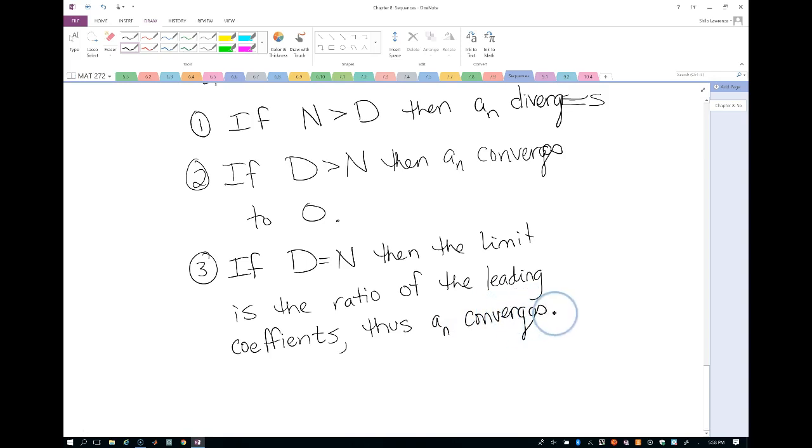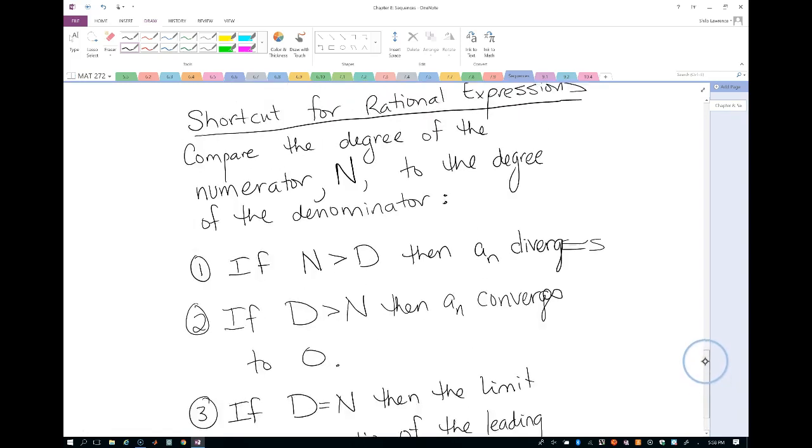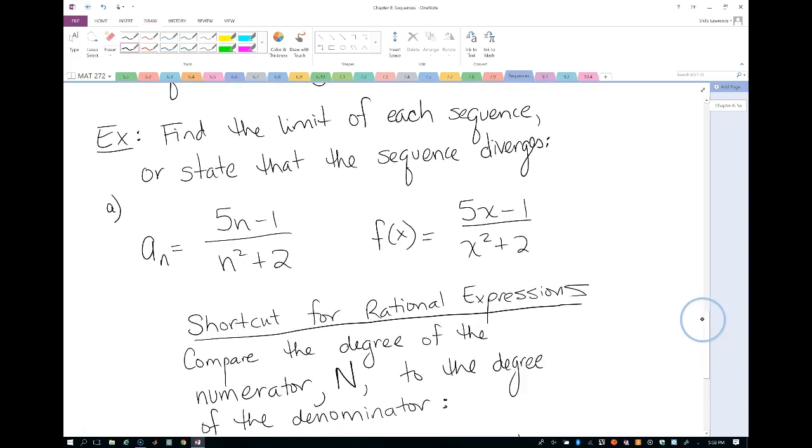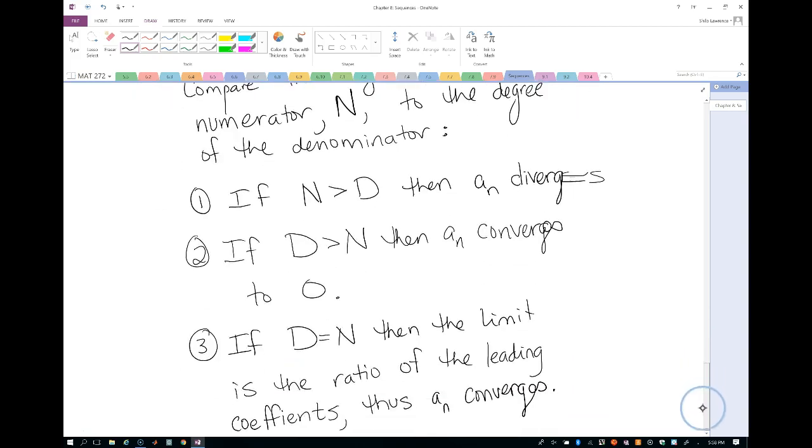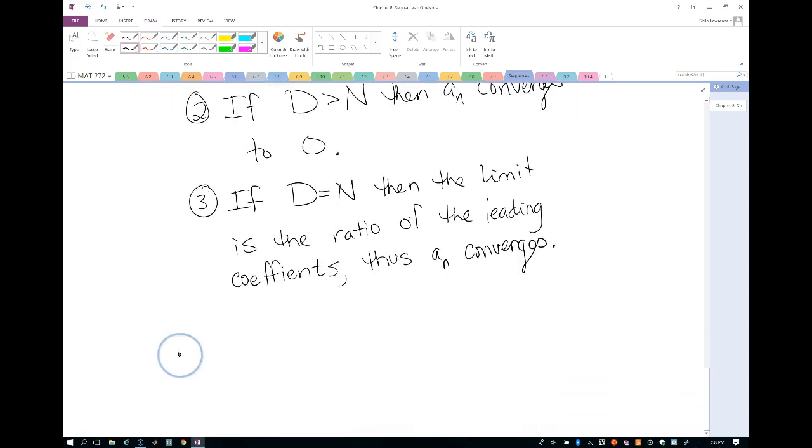So with this in mind, let's look back at the problem we were just asked to do. We've got 5n minus 1 over n squared plus 2. So if we compare the degree of our denominator, which is 2, with the degree of our numerator, if we see a variable but there's no exponent written, that means it's an understood 1.